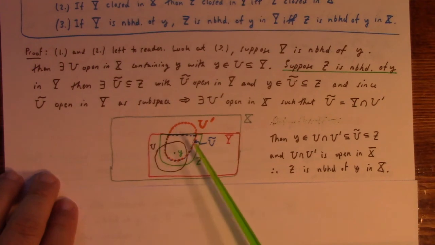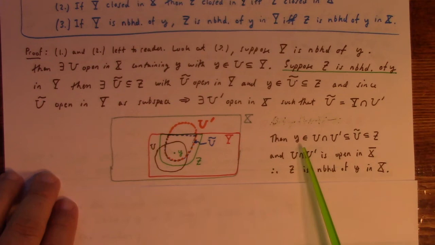Not that they have to be circles, of course, but they're open sets. The intersection of open sets is open because it's a topology. The key is they're both open subsets of X, which means that the intersection of open sets in X is open.